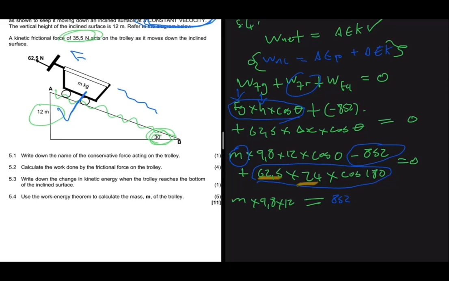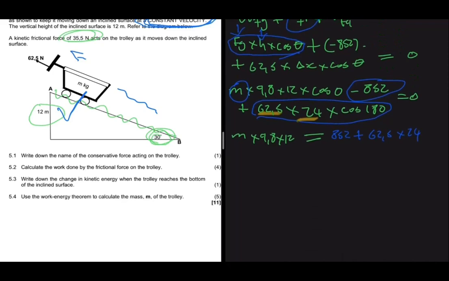Now we're taking it to the other side, it should be positive, so here we're gonna have plus 62.5 multiplied by 24. So now it should be easy to see. We're dividing both sides by the coefficient of m, the mass. So we're gonna have the mass being equal to 852 plus 62.5 multiplied by 24, divided by that coefficient 9.8 multiplied by 12, and the mass is apparently 20 kgs.